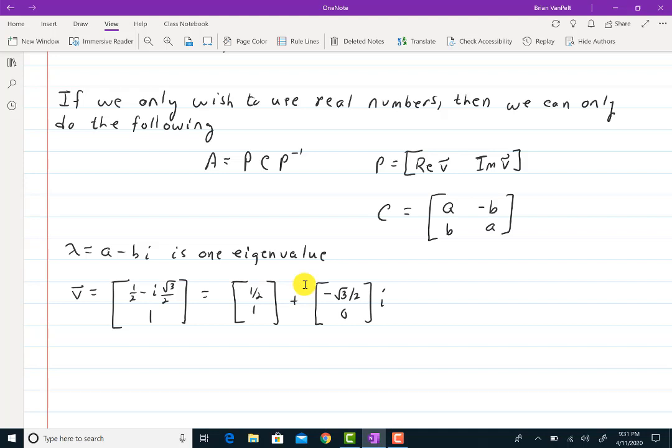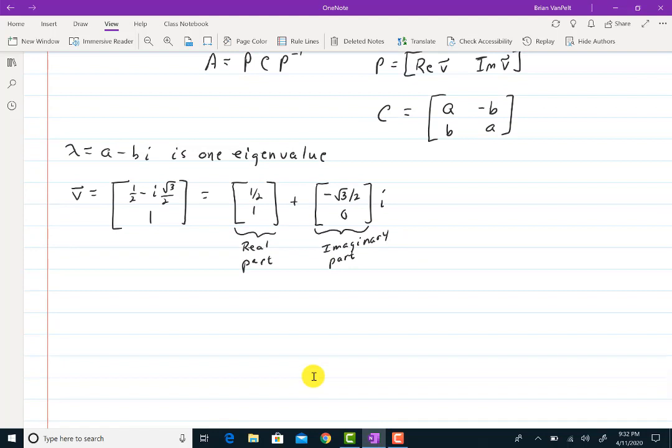So what we have then, the way this is described, is the part not attached to I. This here is called the real part. And this piece here, not the I itself, but just this piece, is the imaginary part. So when I write REV, I'm talking about the real part.